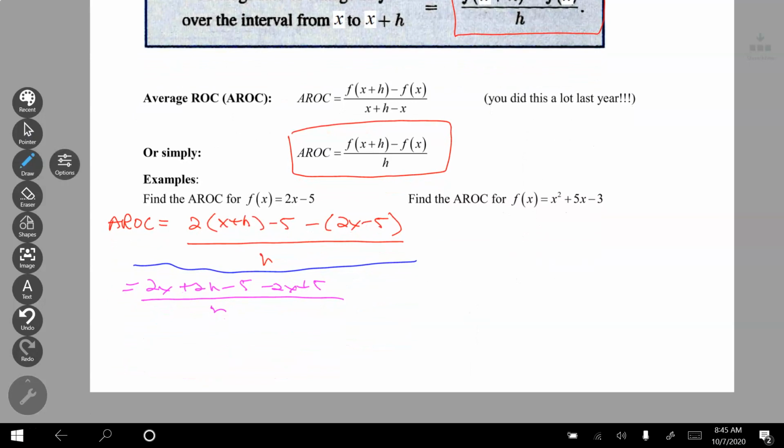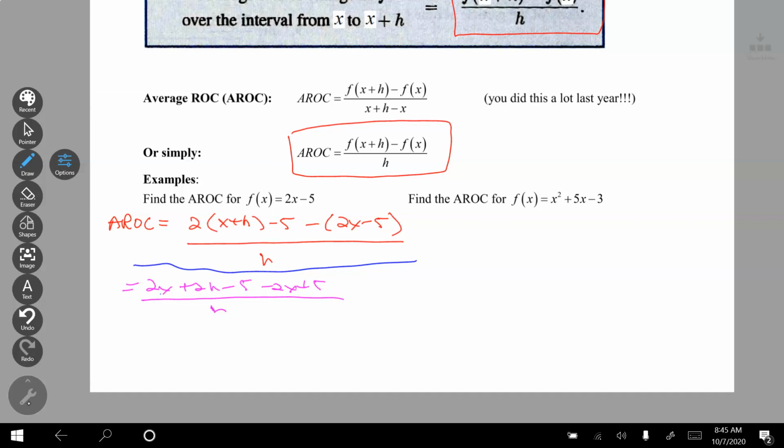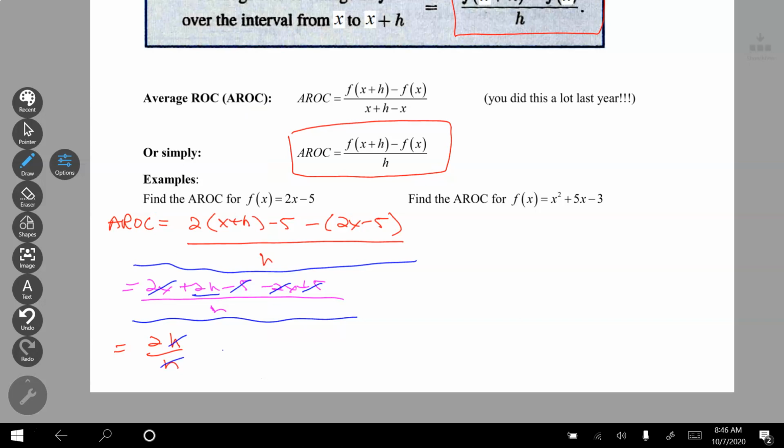My favorite step of getting things to cancel out. Has an h? No, it's got a buddy. Has an h? Yes, stays. Has an h? No, has a buddy. And now we have 2h over h, and my average rate of change is equal to 2, and that's an easy one because we knew this was a linear equation with a slope of 2.